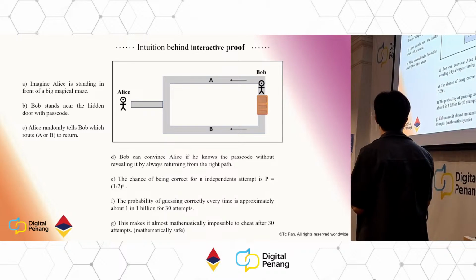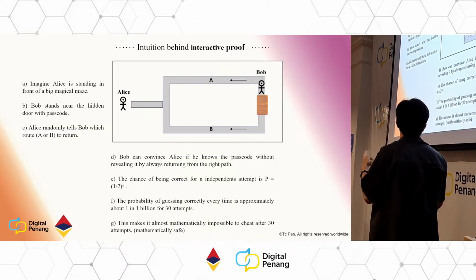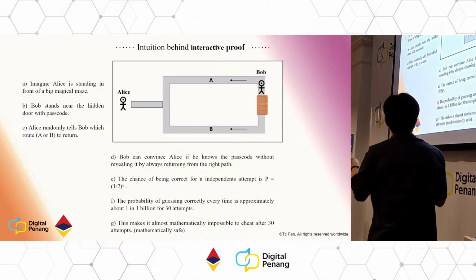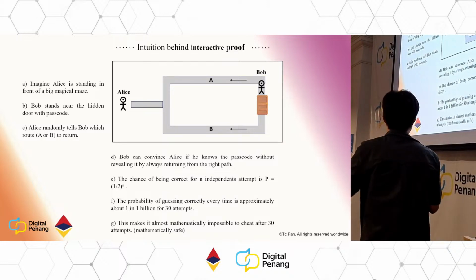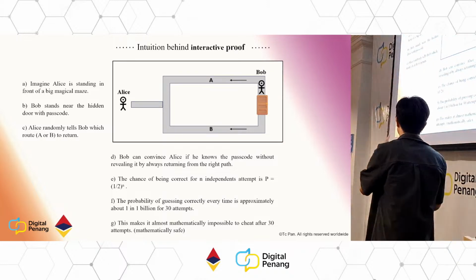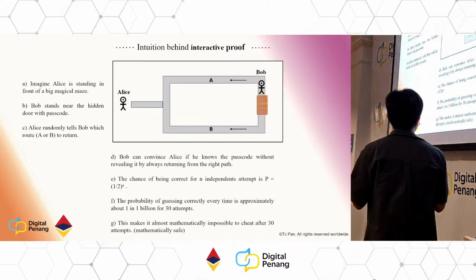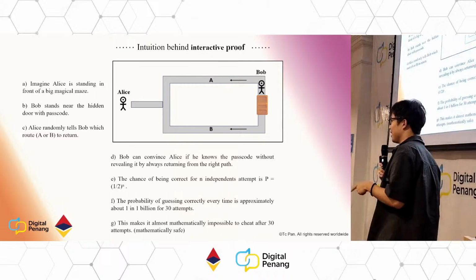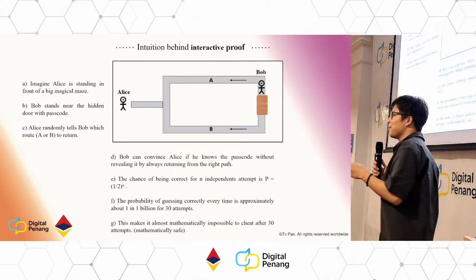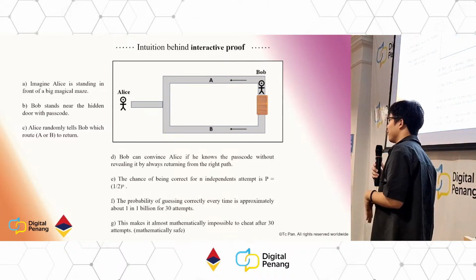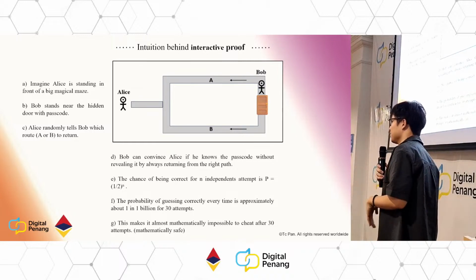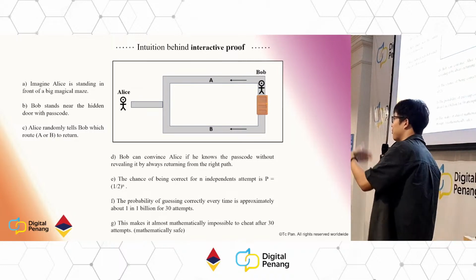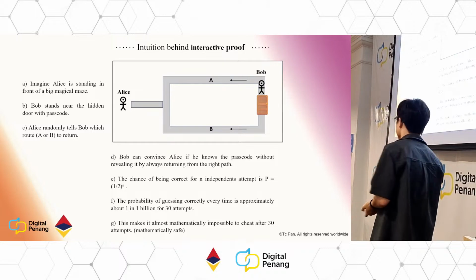The chance of being correct for n independent attempts is 1/2 to the power of n. So the probability of guessing correctly every time is around 1 in 1 billion for 30 attempts. This makes it mathematically safe if you've done it in enough attempts. It's impossible to cheat and get it correct every time.